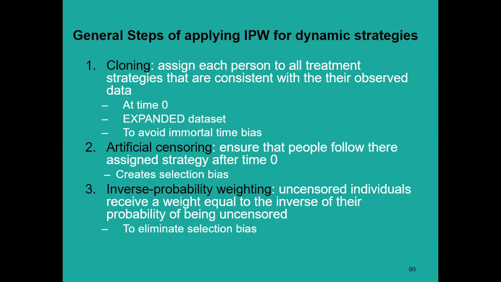Okay. Very short. So now I want to summarize how we are going to implement the IPW approach to analyze dynamic treatment regimens. Basically, there are 3 steps. Number 1 is cloning. Assign each person to all treatment strategies that are consistent with their observed data at time 0, and we create an expanded data set with copies of patient information to avoid immortal time bias.